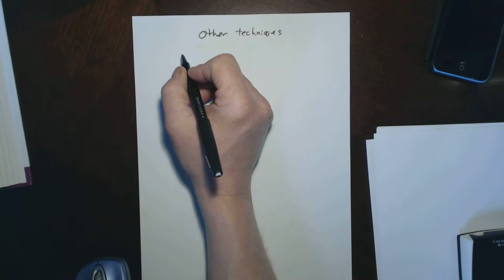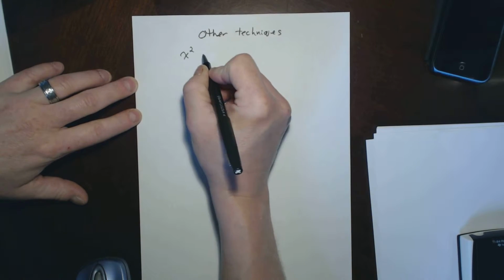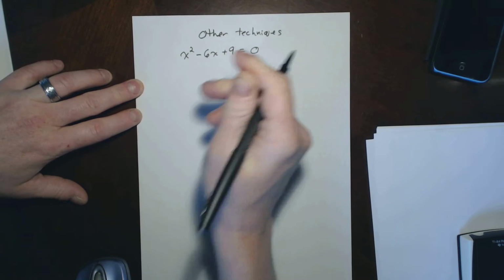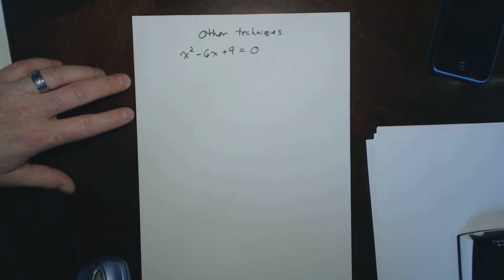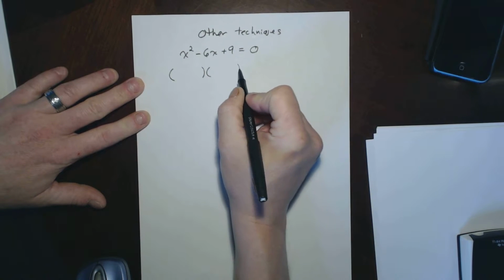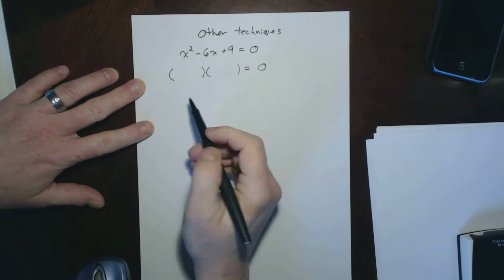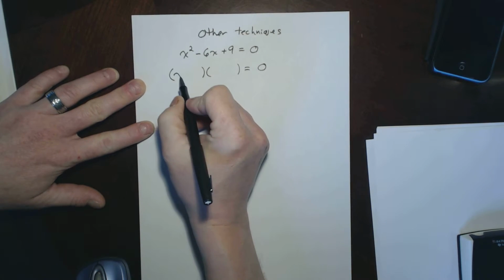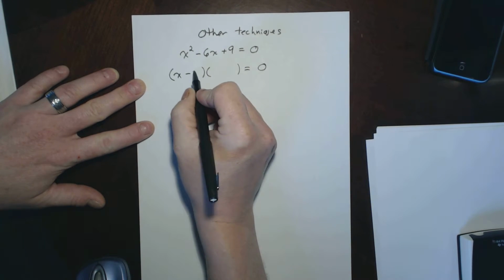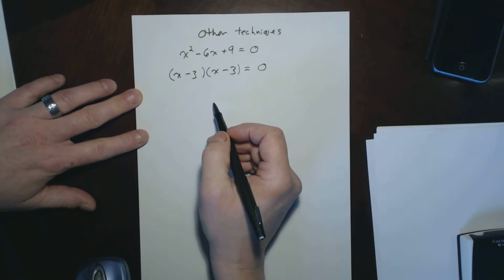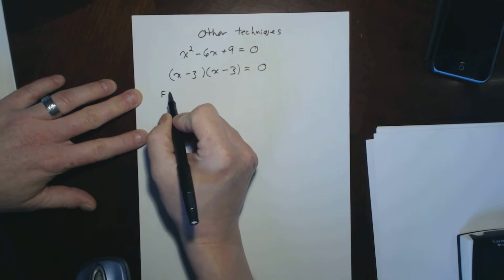Let's say that we have the equation x squared minus 6x plus 9 is equal to 0. Here we can try to figure out what two factors will make this product. I'm going to try (x minus 3) and (x minus 3). I can check by FOILing.